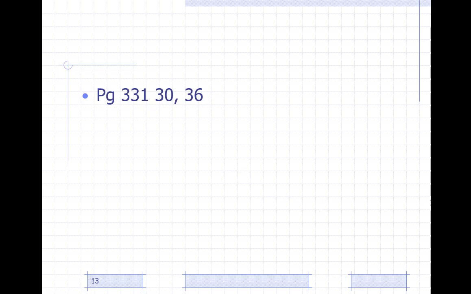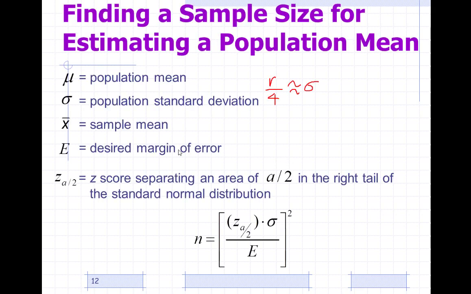So we want to find the sample size needed to estimate IQ of attorneys, given that we want a 98% confidence level and we want the sample mean within 3 IQ points. So what that means, if we look back at that previous page, E is going to be 3. So that's what we're going to need here.